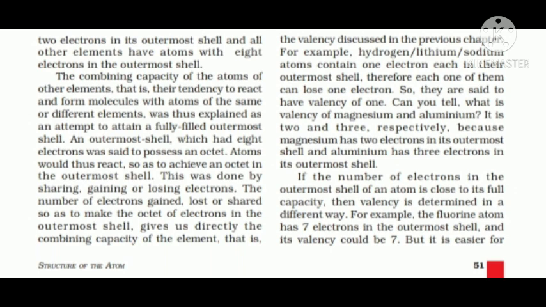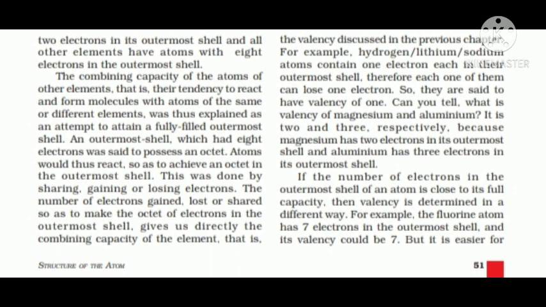Similarly, magnesium contains 2 electrons in the outermost shell, so it is easy to lose 2 electrons. So the valency is 2. Aluminium has 3 electrons in the outermost shell or orbit, so it easily loses the 3 electrons to attain the octet configuration. So the valency of aluminium is 3.